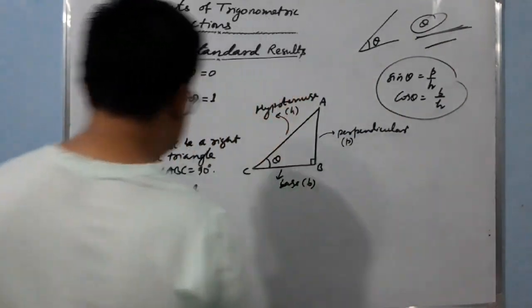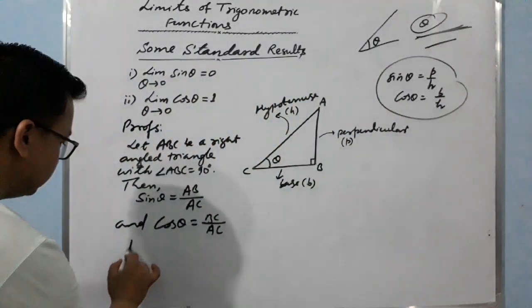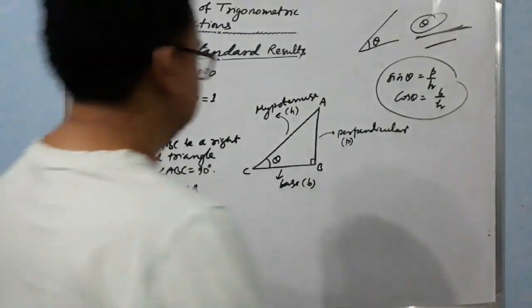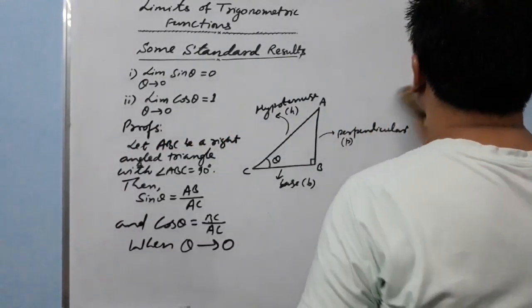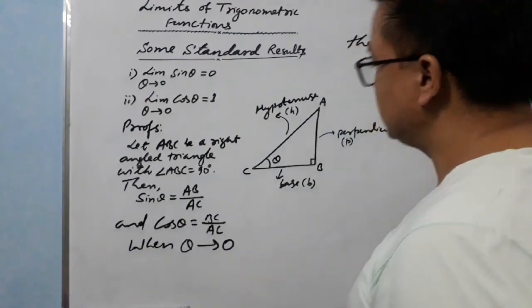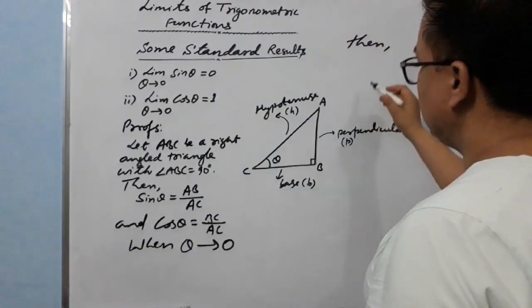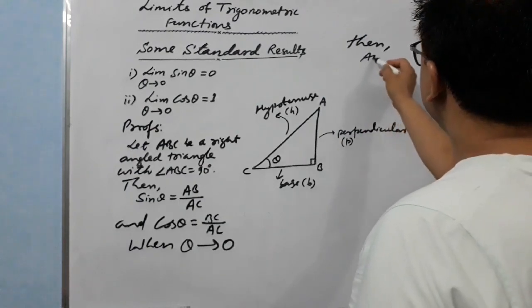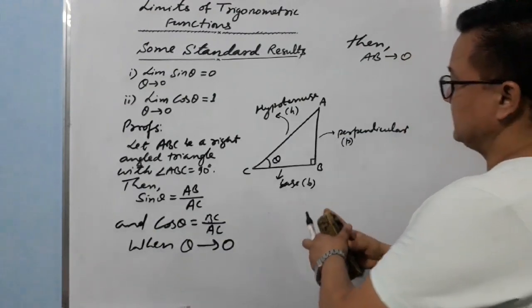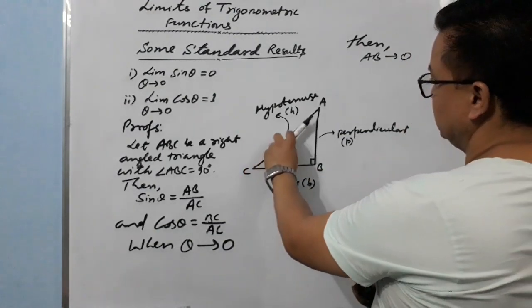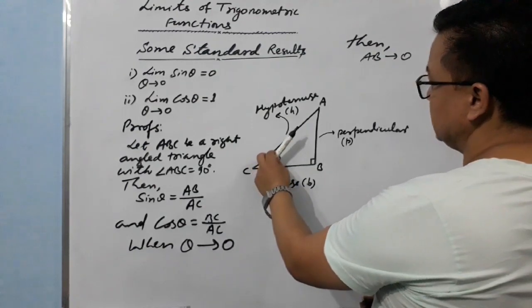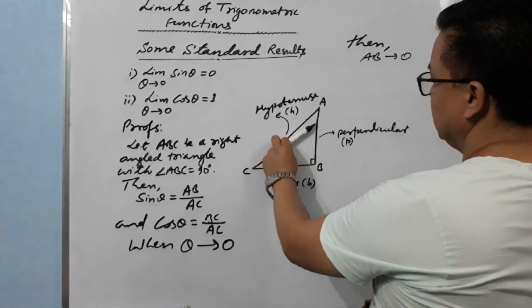Now I'm going to write: when theta tends to 0, then AB tends to 0. The angle is going to be reduced gradually, like this, like this.